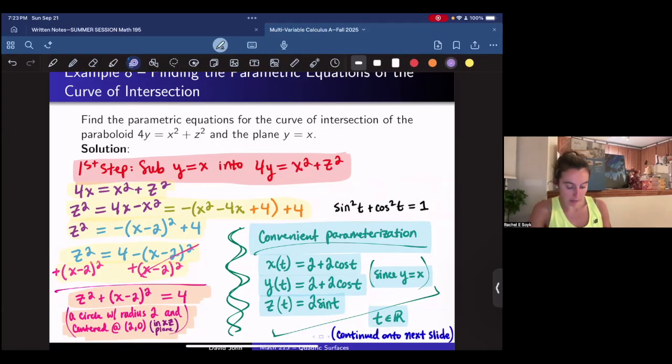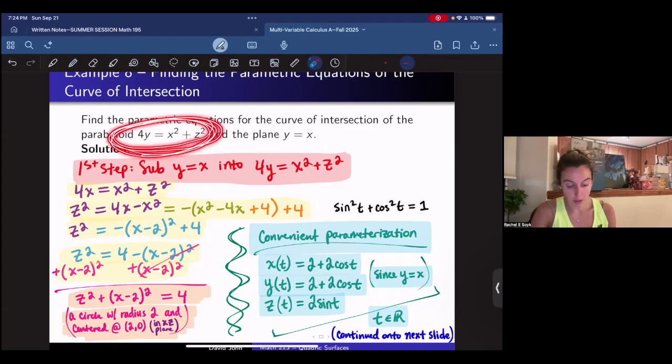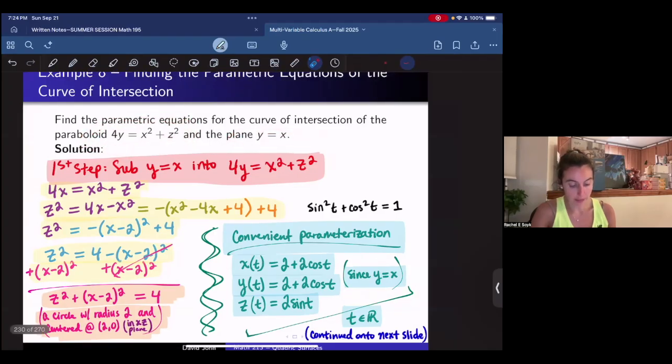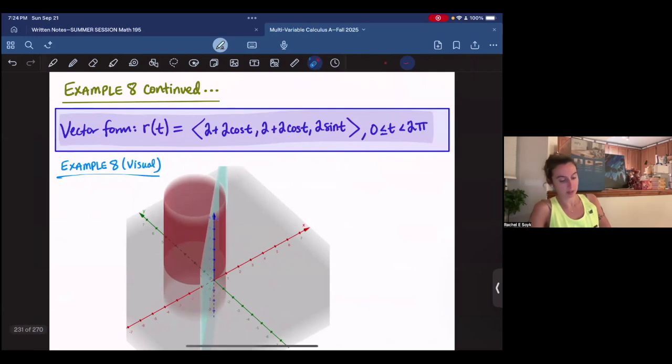So last but not least, let's take a look at a visual representation of this. We have a nice cylinder taking place over here, and then we have our plane intersection. And I also put in our parameters in our vector form, where again, we're talking about circular notion here, where a circle goes from 0 to 2 pi, from radian format, or 0 to 360 degrees.